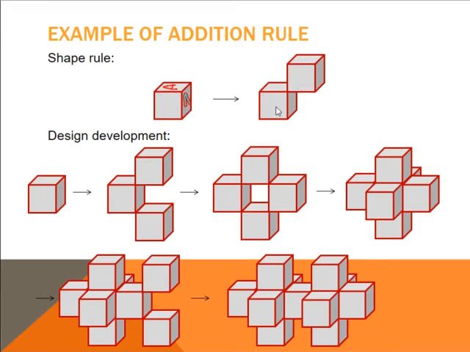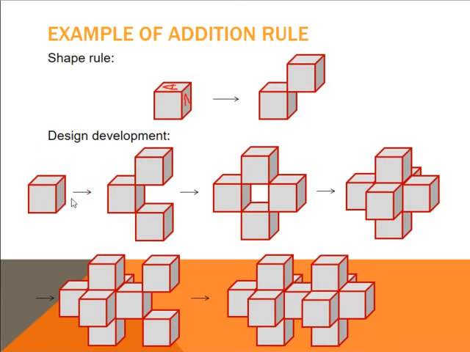So meaning that you have a possibility of adding the new shape to all the 12 edges, because it doesn't matter how you rotate the object, it still looks the same.